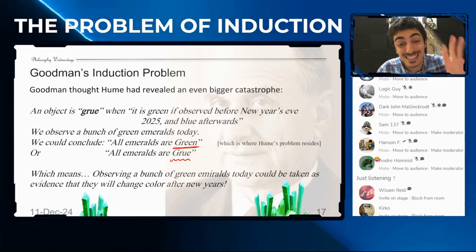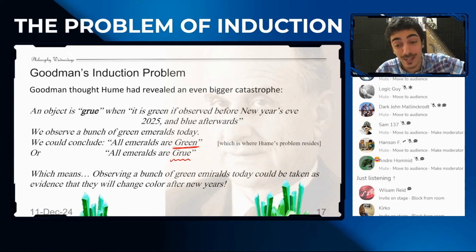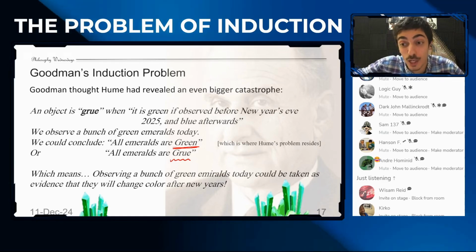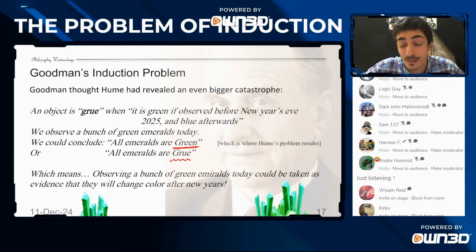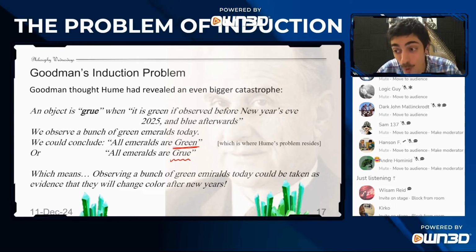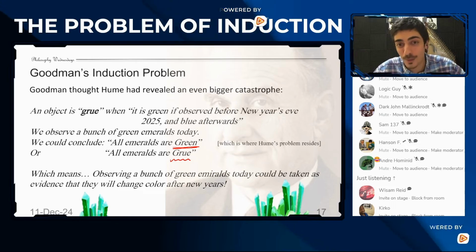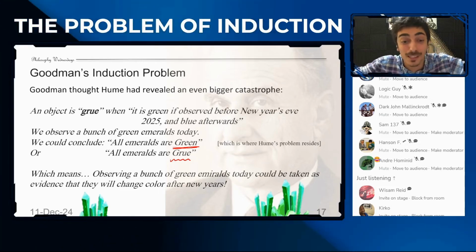The premise that says this emerald will stay green forever, and the other premise that says this emerald will change color after time t. Since time t hasn't happened yet, the piece of emerald I have in my hand is 100% equally valid evidence for both.